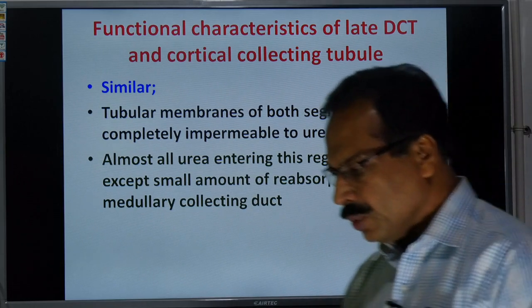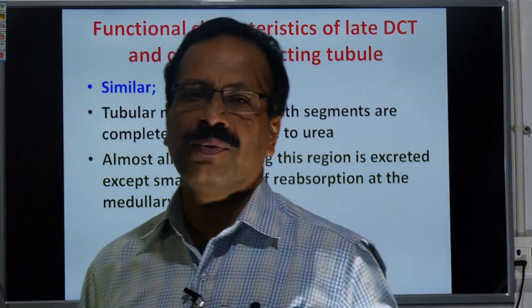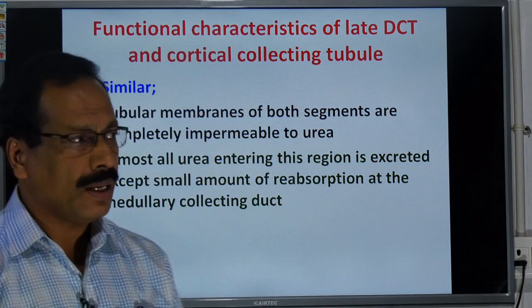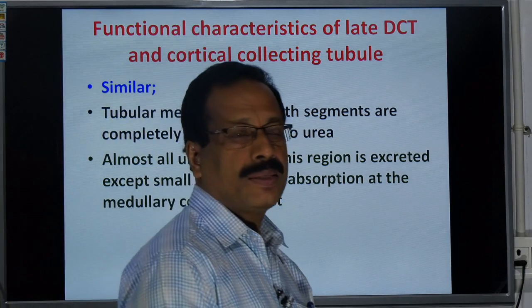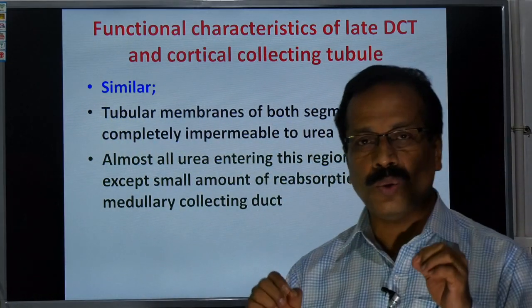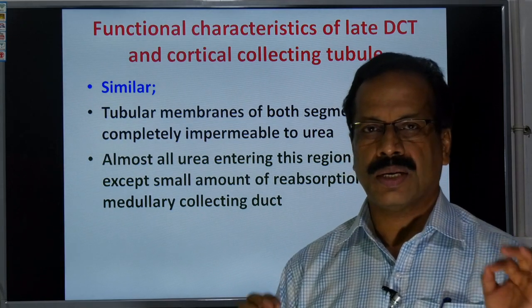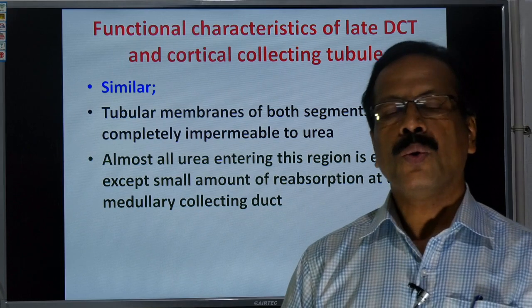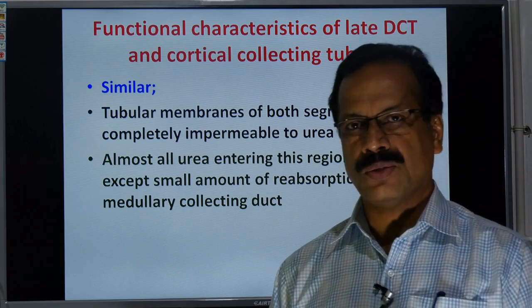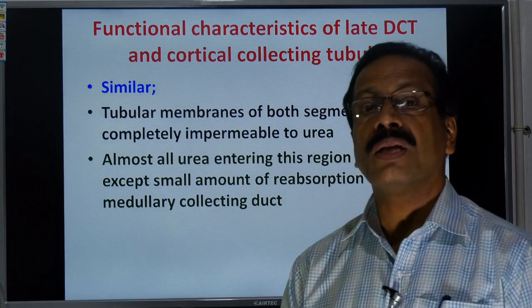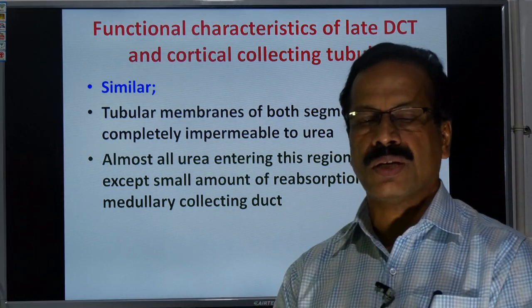So in short, this distal convoluted tubule, though it is very short in length, 5 millimeter length, a lot of reabsorption and secretory processes happen, and most of these are regulated reabsorption or secretion under the influence of either a hormone like aldosterone, or the concentration of these ions or materials present in the cell, or the requirement of the body like water reabsorption.